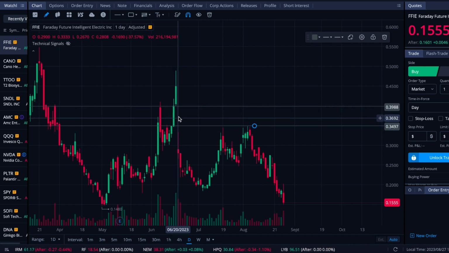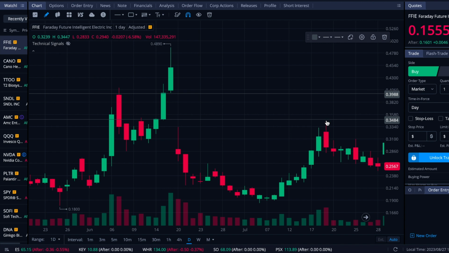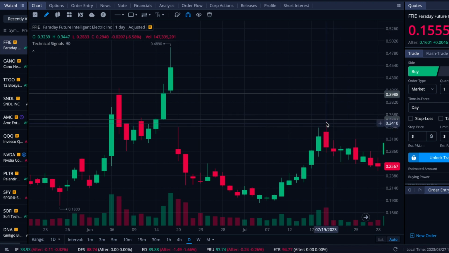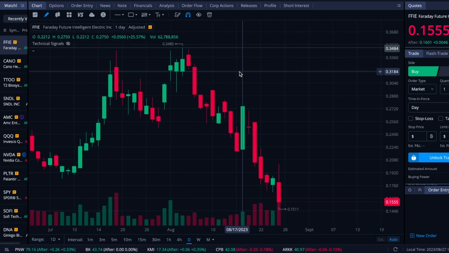And so it left this pretty large gap here on the daily, and then it came and partially filled it. You can see it filled it up through this wick here, and then still left a bunch of gap to be filled. So that pushes it up at the current rate up toward the 40-cent mark if it wants to come in and fill that gap, and it would enter that gap around the 34, 35-cent mark. So that's one thing that stands out to me.